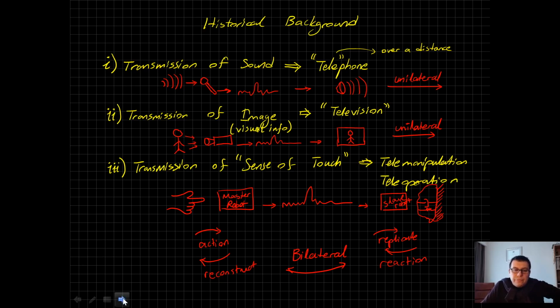Okay, I can tell that there are now very good solutions on transmission of sound. That's industrialized. You have the cell phones everywhere. There are very good solutions on transmission of image, the broadcasting systems, the internet medium, the televisions. They're now operating in a very stable and clear manner.